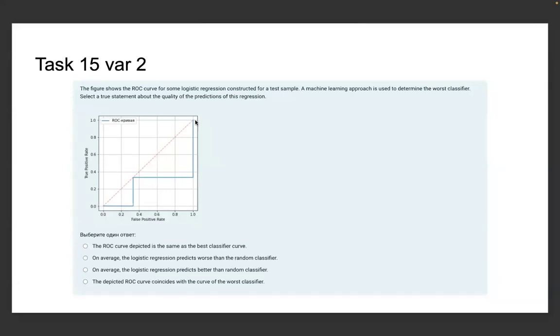Yes. So let's try to solve this exercise. Well, it seems like this ROC curve is worse than the random classifier, right? As I have told, here we have our ROC curve under the random one, but we can change our classes.